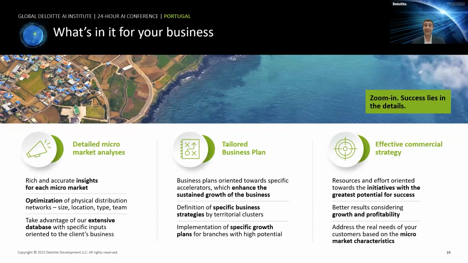Finally, as a corollary, this brings me an effective commercial strategy. If I manage to allocate my resources adequately to each of these markets, naturally I'm much more efficient. I can leverage all this data into more growth and more profitability. And specifically, I can make sure that all my actions are tailored to the specifics of that micro market.